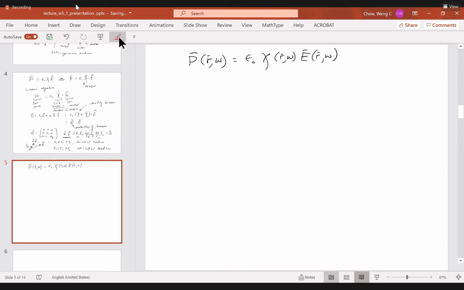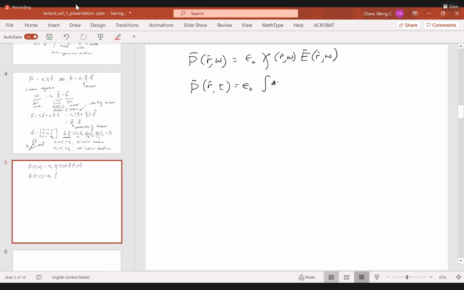If you were to write this in the time domain, this would be rather complicated. Then P of R, t will be equal to, if I write out the convolution in full, something like this.